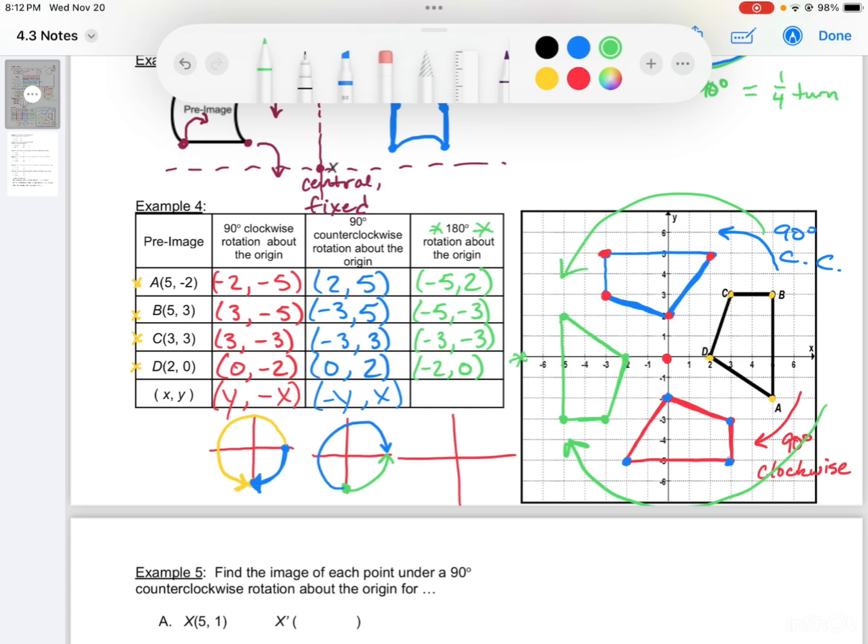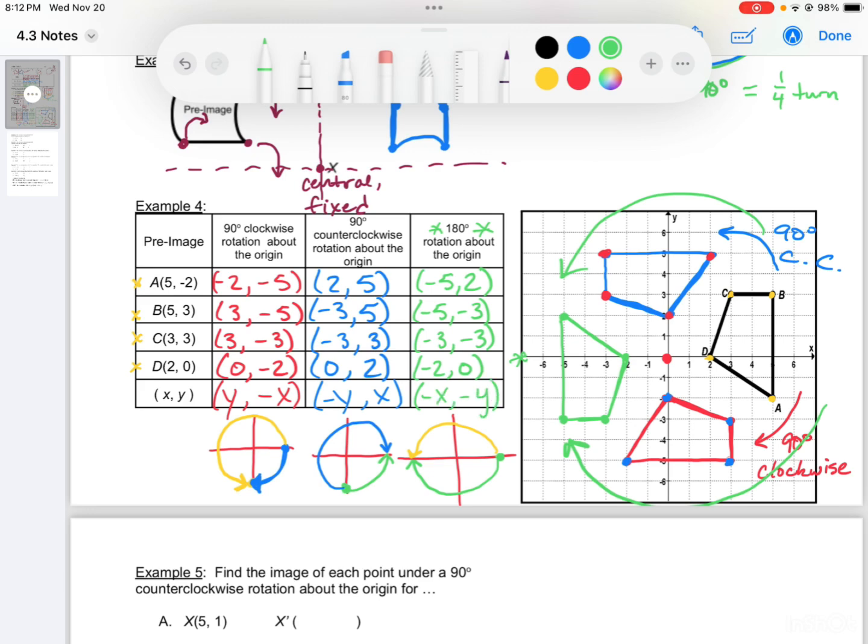And then lastly, 180 degrees. This one's kind of nice because let's say we start with a point over here and we want to go 90, 180 degrees, or we could go 90, 180 degrees. So clockwise or counterclockwise doesn't really matter as much with this 180 degree rotation because you're going to end up in the same spot regardless.